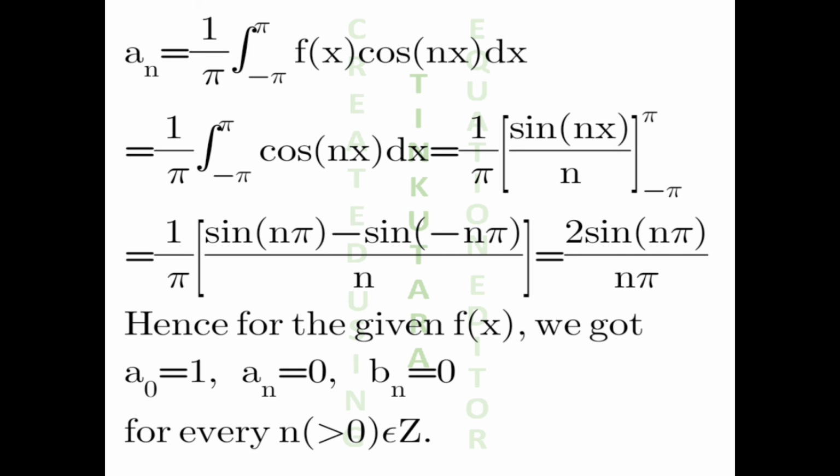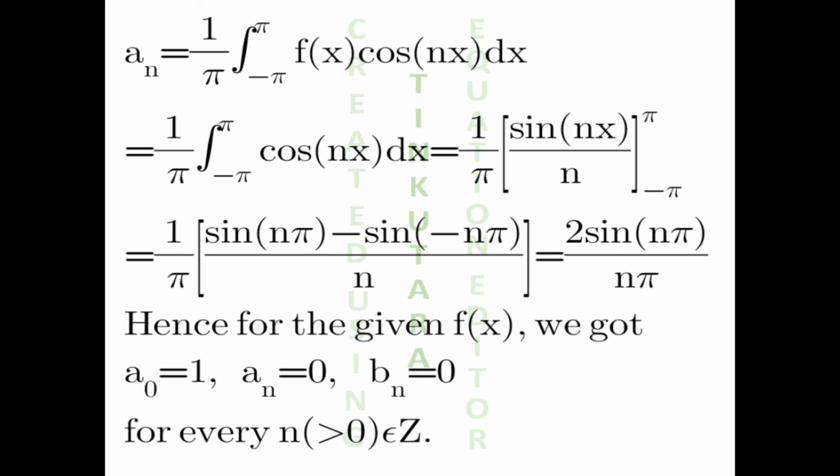So sin n pi minus of minus sin n pi, that becomes 2 sin n pi divided by n pi. Here sin n pi is 0, so the an value also becomes 0.